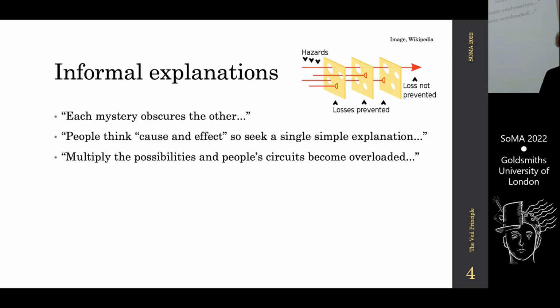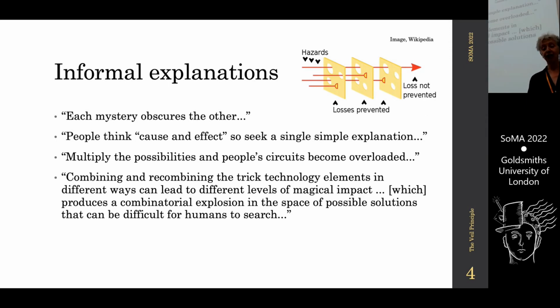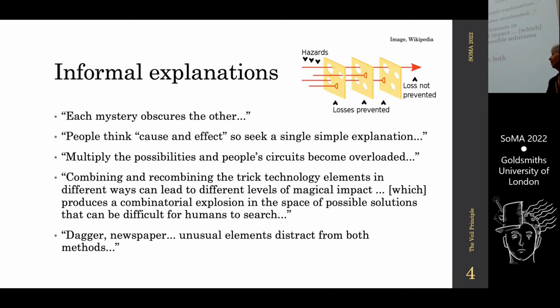As soon as you multiply the possibilities, people's circuits get overloaded. This idea that there can be a combinatorial explosion in the search space, people just can't deal with the number of possibilities. There's also, in this particular trick, these unusual elements which distract from any method. So there are a couple of curly extras in there.